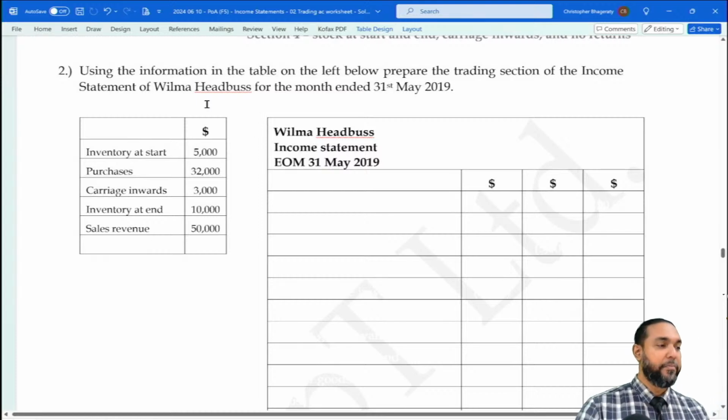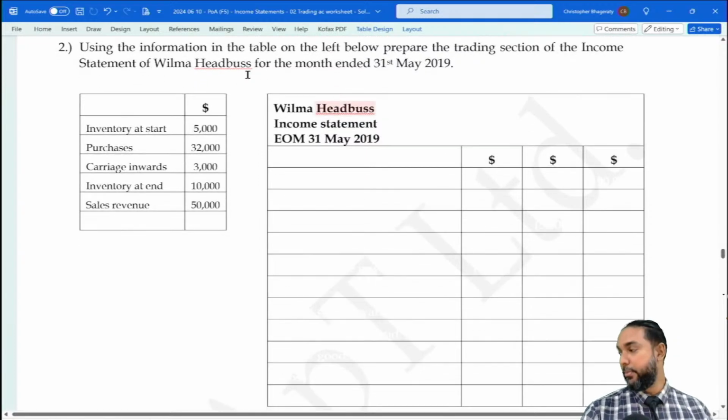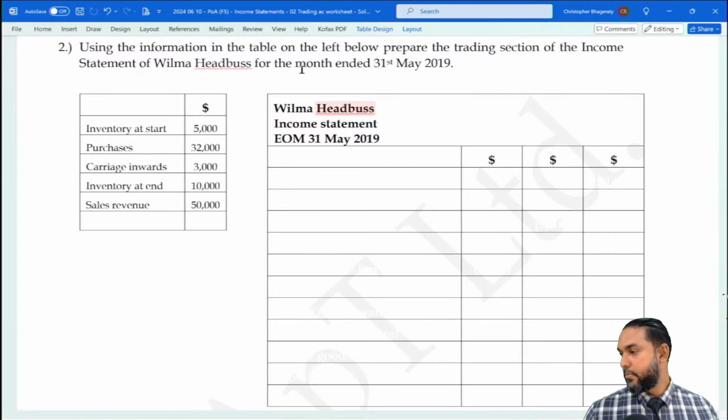I hear you. All right, using the information table on your left, prepare the trading section of the income statement of Wilmer Head Boss. Right. Hey Asher, afternoon, how you doing? Right, let's go.